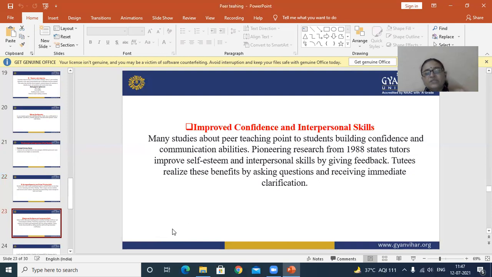Improve confidence and interpersonal skills. Many studies about peer teaching point to students building confidence and communication ability.